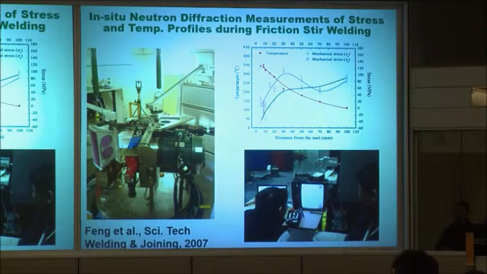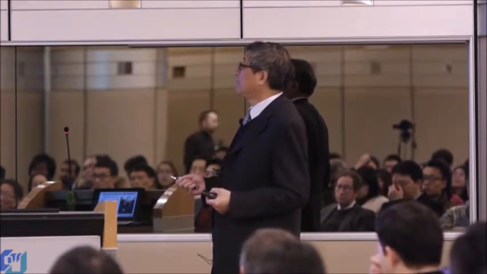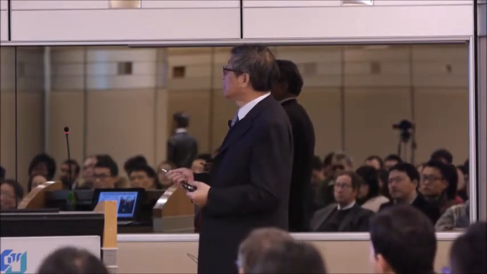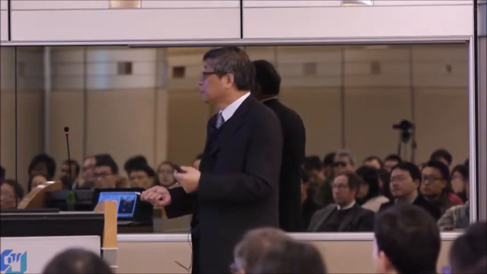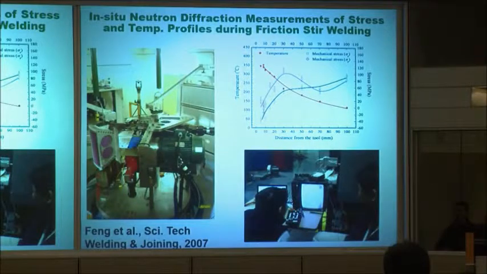To understand what kind of parameters we should use for friction stir welding, we have to put the welding machine into the neutron spectrometer and in situ measure the stress and temperature distribution during the welding, and finally optimize the parameters.